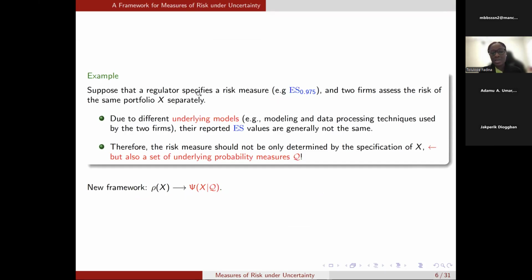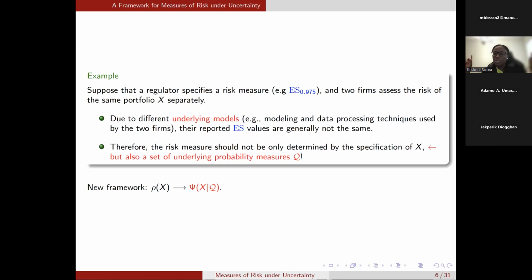Another motivating example is what I have here. Let's assume that a regulator gives the same portfolio to two financial firms, gives them a risk measure, let's say expected shortfall of 97.5, and tells them to compute expected shortfall of 97.5 of that particular portfolio.